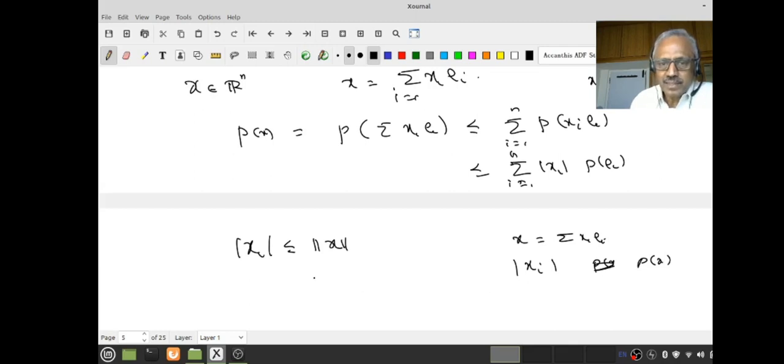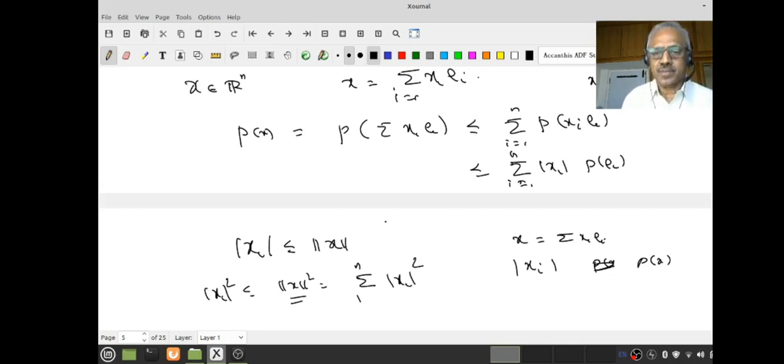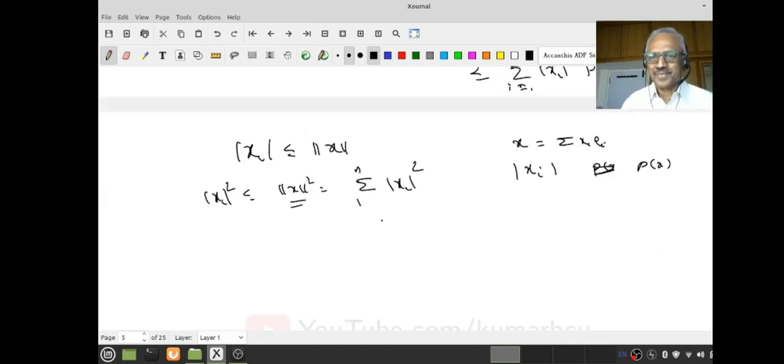But in the Euclidean case I know, because the norm is the square root of summation mod xi squared, 1 to n. Right? Therefore, mod xi squared is less than or equal to this, and hence mod xi is less than or equal to norm of x. Do you follow that? So this is one place where we are using a special norm. Keep that in mind.